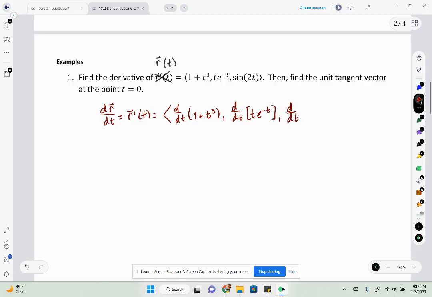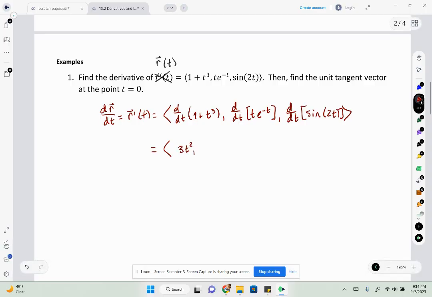And so I have d/dt of 1 plus t cubed, d/dt of t e to the minus t, and d/dt of sine of 2t. All right, let's send those d/dt's through. We have to remember all of our derivatives now. Derivative of a constant, when d/dt runs through the 1 plus t cubed, derivative of 1 is 0. Derivative of t cubed is 3t squared.